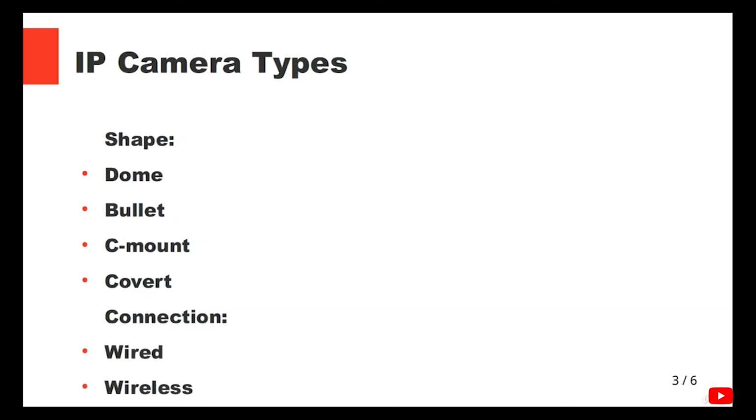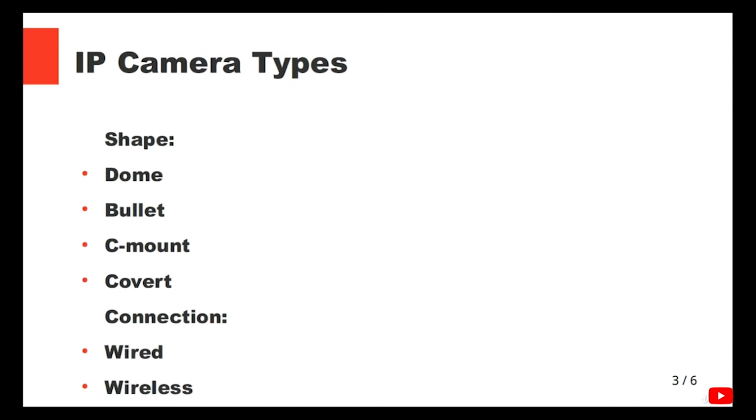You can divide them by shape. You have a dome camera, you have a bullet, C-mount, covered. Dome, it's obvious. Bullet also is obvious. Dome cameras usually are used internally. Bullet usually externally. C-mount, they're not that common anymore because most of the cameras come with lenses.